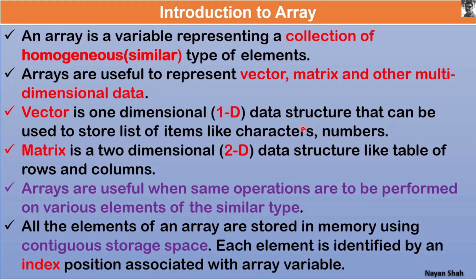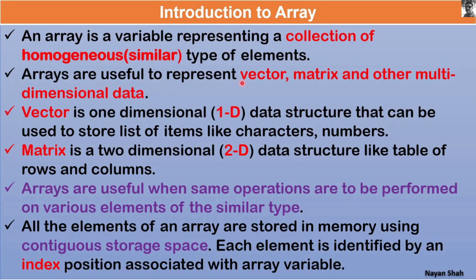An array is used to represent multiple values simultaneously, but those values should be of similar type, same type. If it is integer, then all the values should be integer. If it is character, then all the values of that collection should be character. So it's a representation of a collection of homogeneous type of elements.